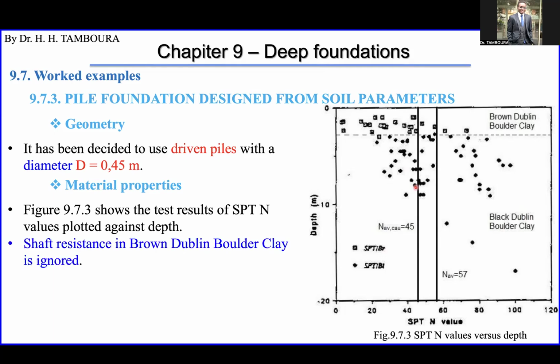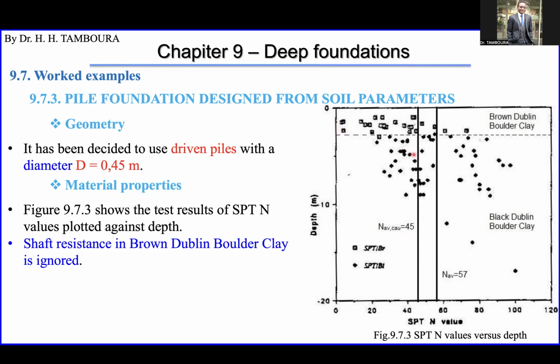The shaft resistance in the brown clay will be ignored; we will neglect this part. It is common in design, because this upper clay is kind of weak, so we can ignore it and consider only the friction from the lower part. It means from here to here, we will not consider.